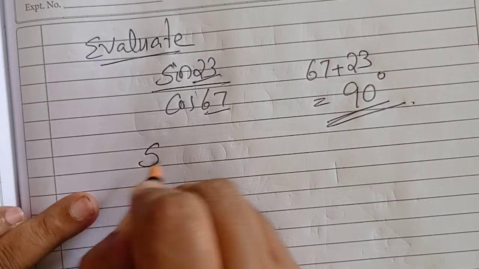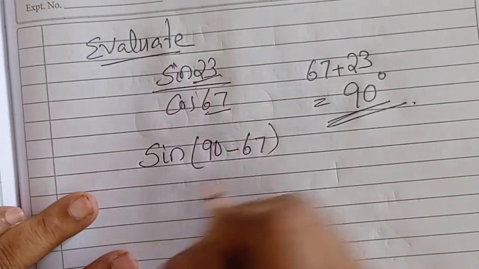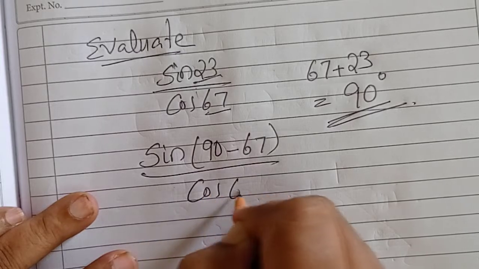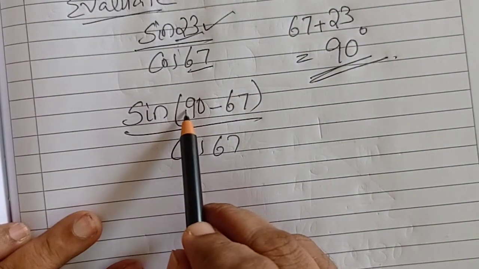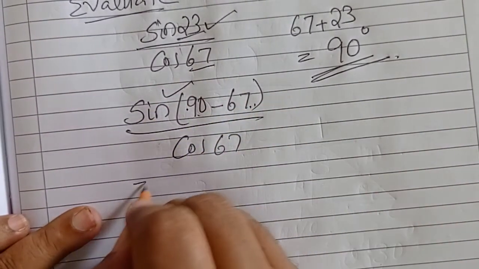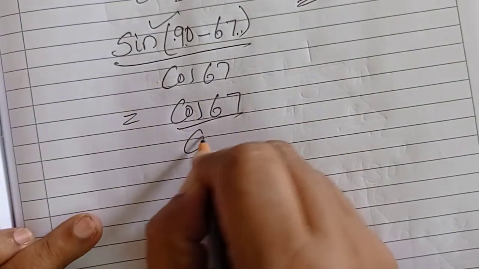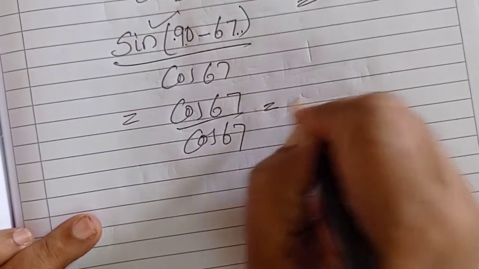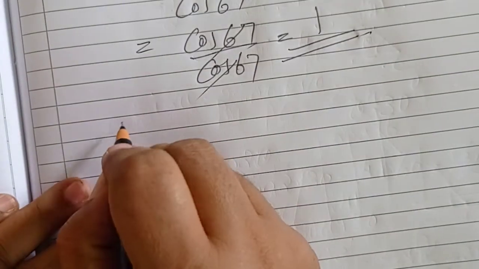So we can write 23 as 90 minus 67, sine(90 minus 67) by cos 67. Then sine(90 minus theta) is cos theta. Therefore, this changes to cos 67 by cos 67, which cancels. You will get 1.